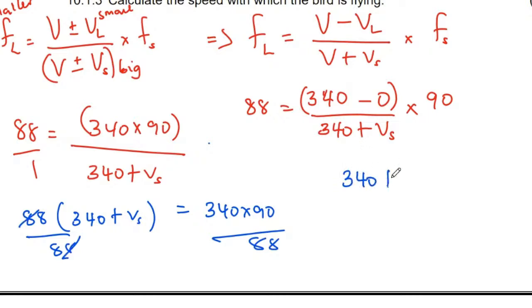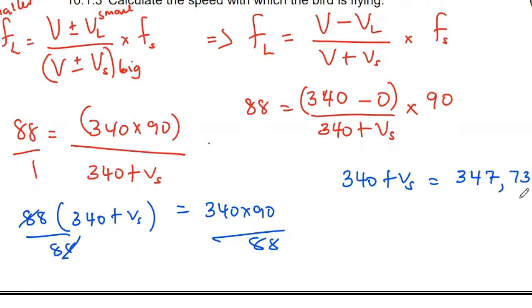So 340 plus VS is going to be, when I punch that into my calculator, 340 times 90 divided by 88. It's giving me 347.72.